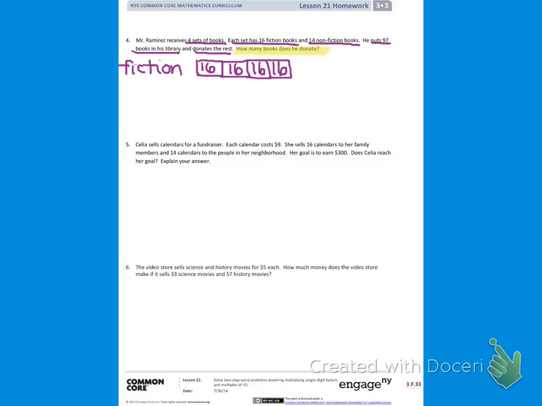Now I'll draw a tape diagram for the nonfiction. Again, 4 sets of books, so there's 4 sections to the tape diagram.